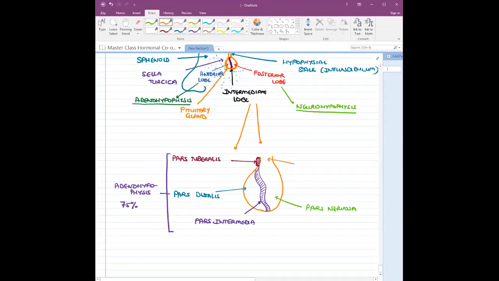So this is your pars distalis. Second one, pars distalis. Then pars intermedia. Then we have pars nervosa, and this is going to be that stalk-like structure, guys. So we call this your infundibulum. Like I already said, we call this infundibulum or your hypophyseal stalk.